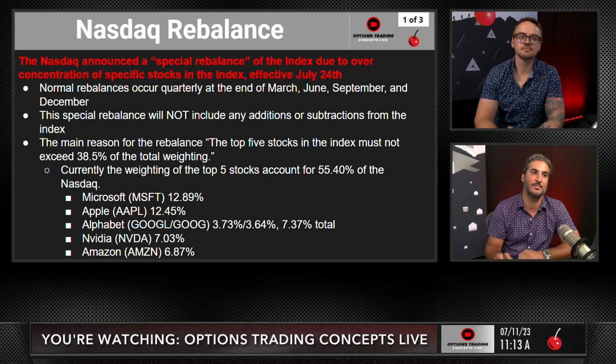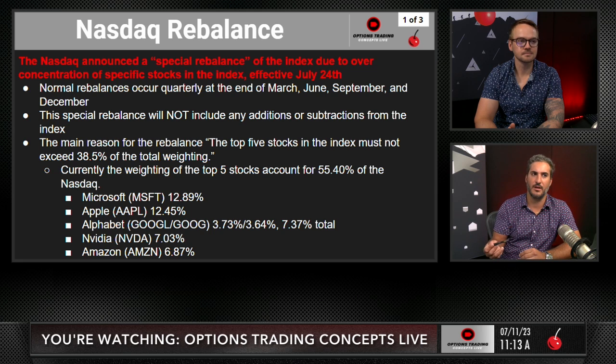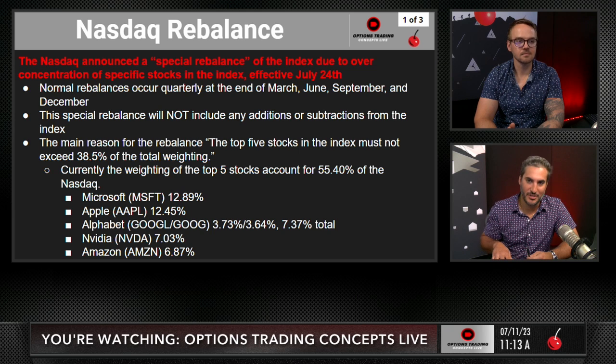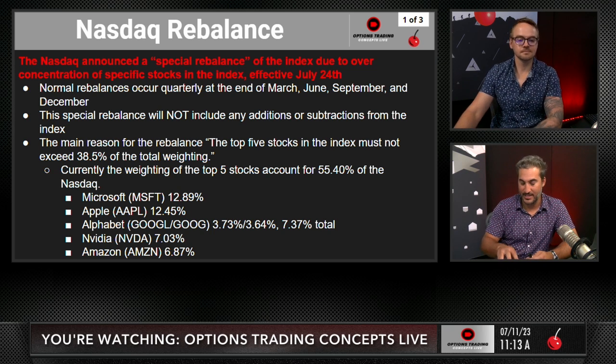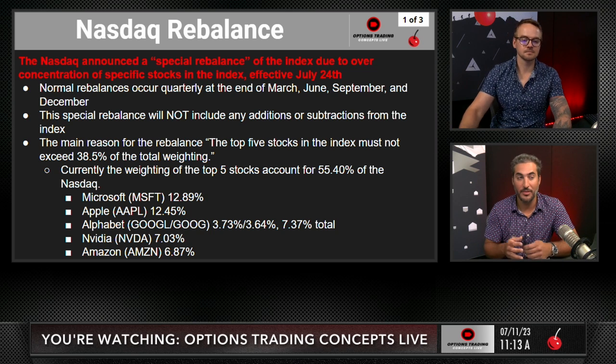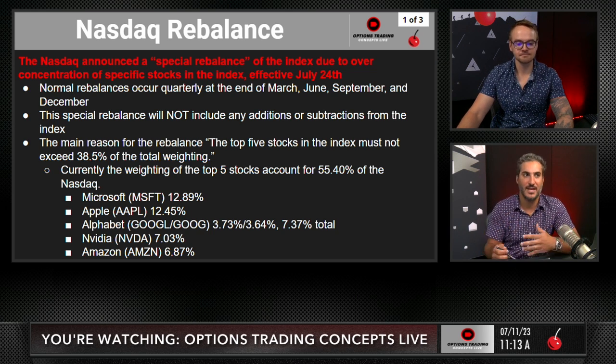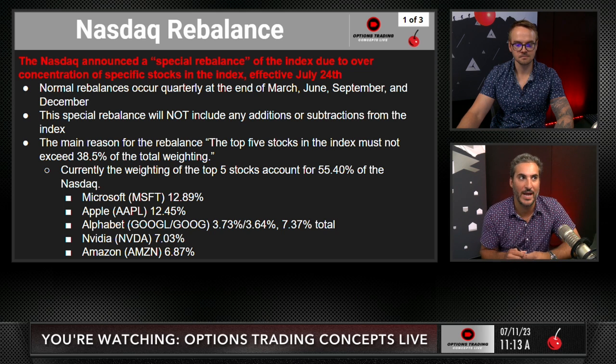So a lot of times, I know the S&P 500 had Pan W a couple months ago, getting added to the S&P 500. So a lot of times the rebalance happens in addition to adding of a stock to the index or a subtraction or both. So this one specifically does not have anything going into the Nasdaq. It does not have anything coming out of the Nasdaq. It's just a change in the weighting.